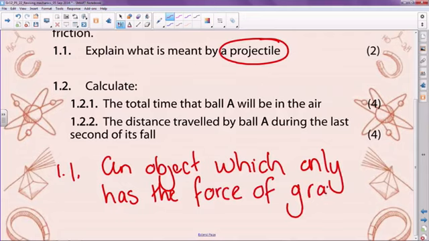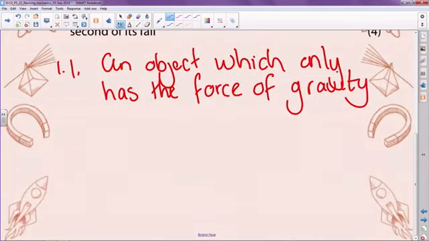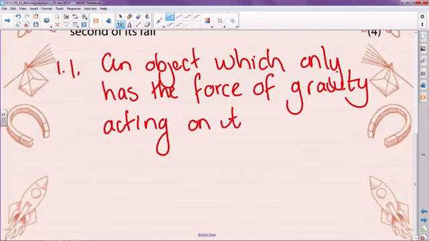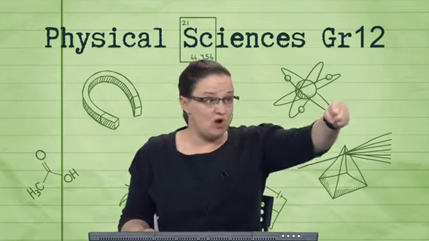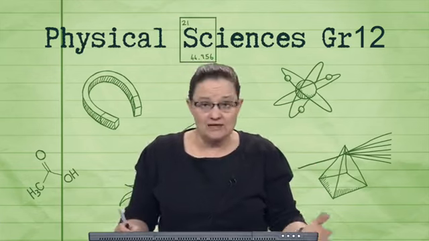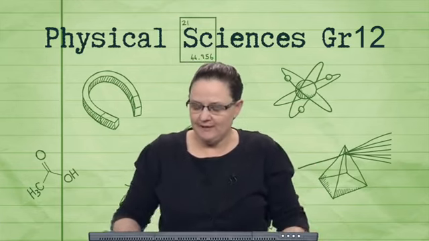That's really important that we get this, okay? So a projectile only has the force of gravity acting on it. Please be careful here, because when we hear the word projectile, we tend to think of things that have been thrown or projected. It's not what we're talking about here. It can be dropped, it can be anything. As long as it's free falling, it's called a projectile, okay?